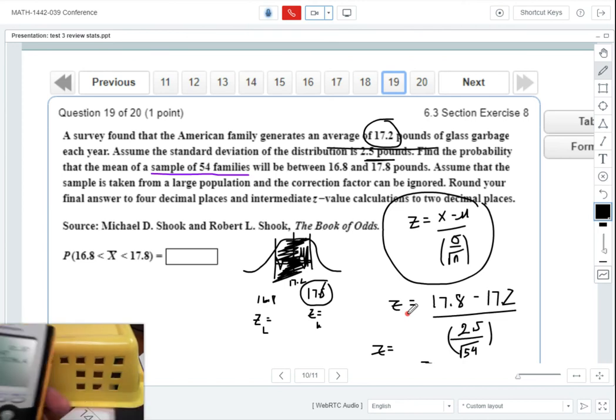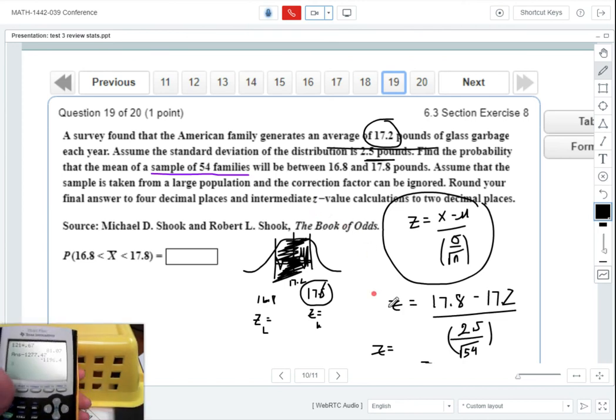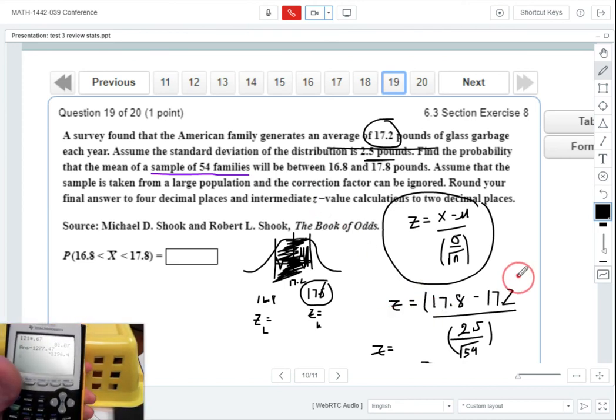On our calculator, we're going to type in 17.8 minus 17.2 divided by, put a parentheses around it, 2.5 divided by the square root of 54.